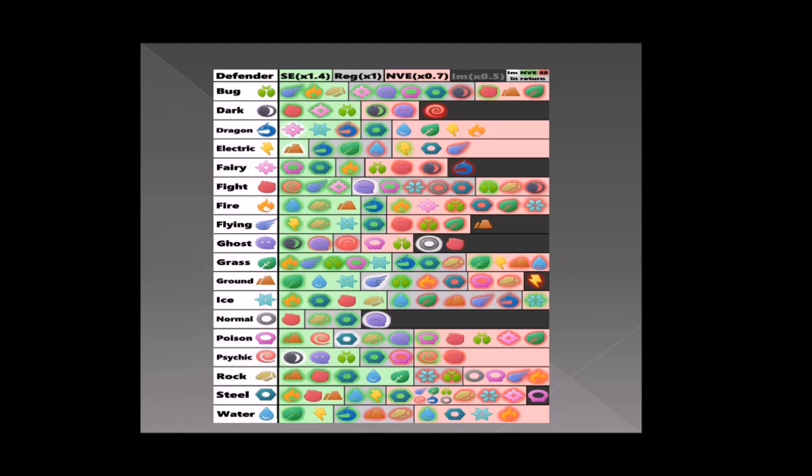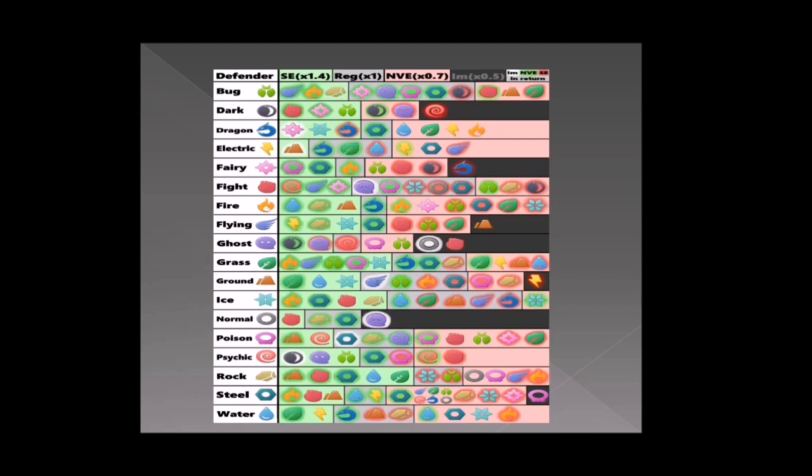For example, fire burns the bugs, the birds that are represented by the flying type usually eat the bugs, and the rocks smash the bugs. And with that, we have different explanations of the different things. Some of these aspects are taken from the real world, like the bugs, but some others, like for example the fairy type, which is immune to the dragon type, don't make much sense, because in the world there are no dragons and there are no fairies.